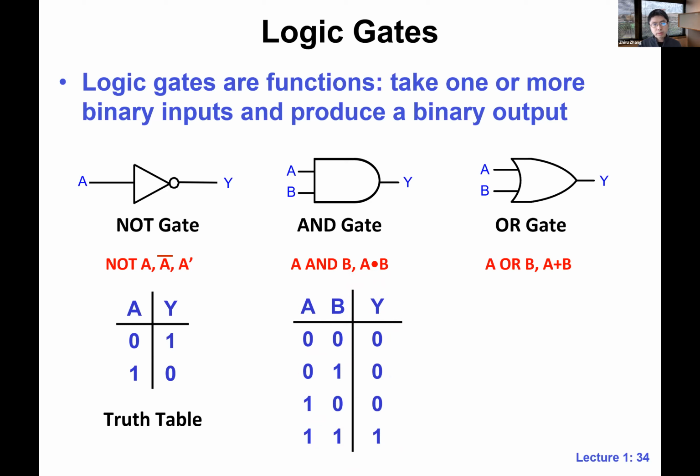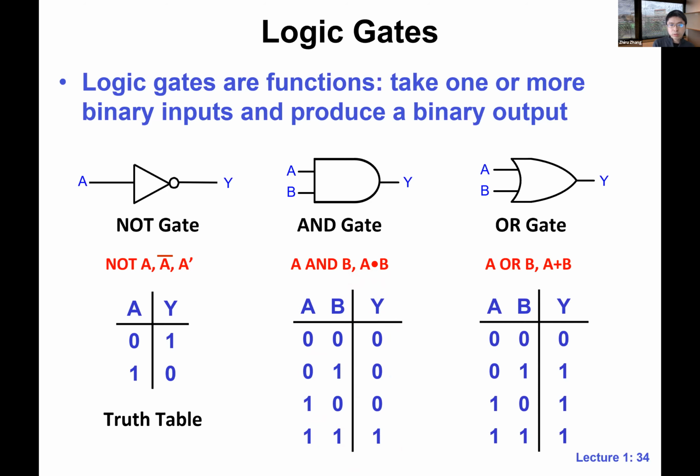And the third gate that we're going to use a lot is called the OR gate. This is where the output is 1 if at least one of the inputs is a 1. That's where we have the OR gate. And the truth table is like this, where we have a lot more 1s in the output column. We're going to use this term a lot. This is the output column, the column to the right of this vertical bar.